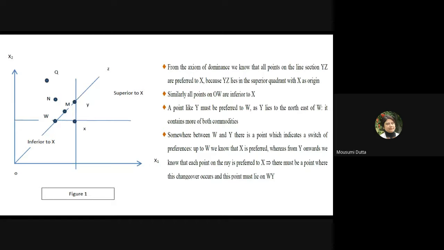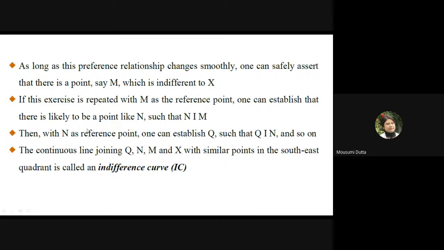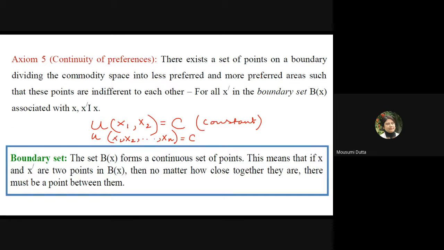I said that if there is continuity in the preference, I can draw a continuous line, taking care of all these points Q, M, N, X, etc. So now I'm going to the axiom of continuity of the preference. Formally, I'm introducing axiom 5, which is about continuity in the preference.